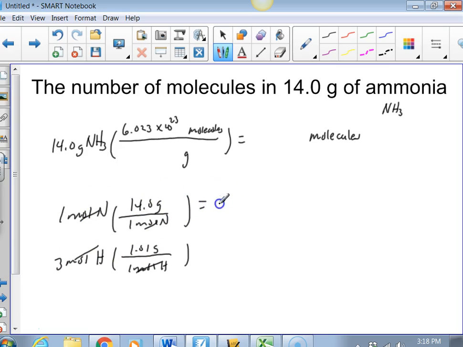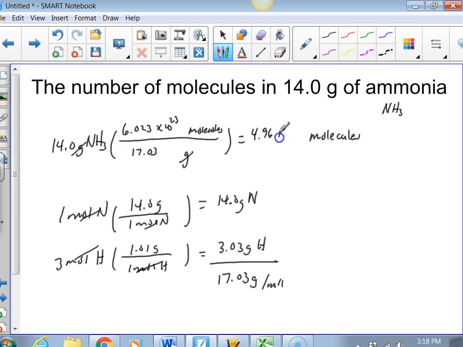Gives us 14 grams of nitrogen and 3.03 grams of hydrogen. 14 plus 3 is 17.03 grams per mole of NH3, or 17.0 would be fine. So we've got 14 times Avogadro's number divided by 17, and that gives us 4.96 times 10 to the 23rd molecules.